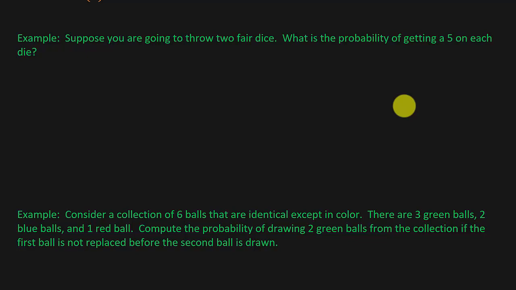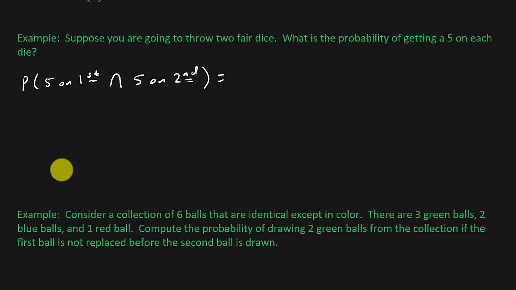So what is the probability of a 5 on the first die and a 5 on the second die?